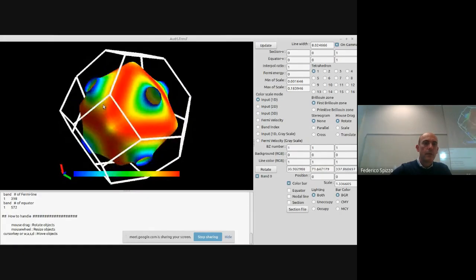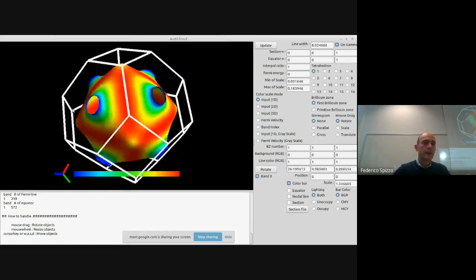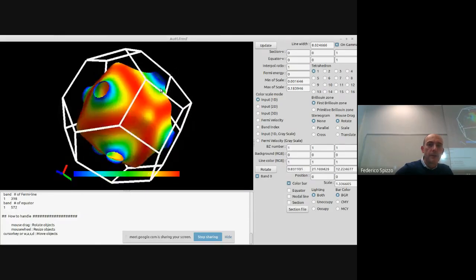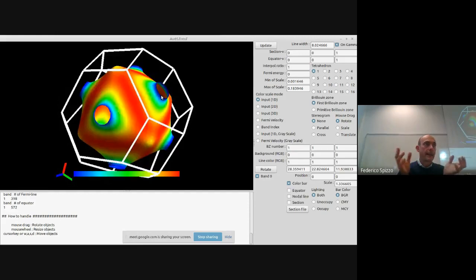In this case, you have a distortion of the spherical shape, and that distortion, if you notice here, is when the surface joins the Bragg plane. In that case, the surface is orthogonal to the plane when the surface reaches the plane, and you have the appearance of what is called in general a neck.